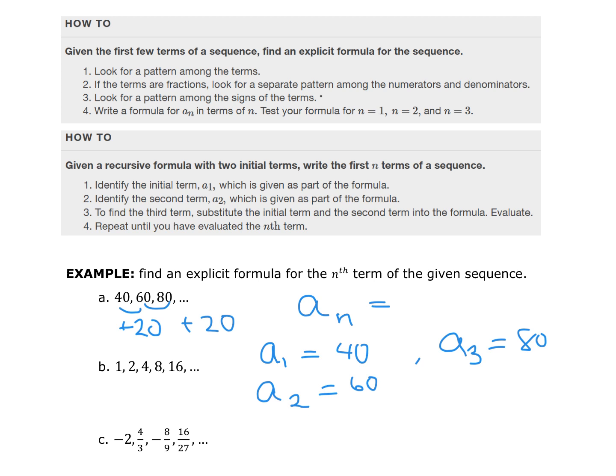So I think what I've got is 20 plus 20 multiplied by n. Now let's check. If I put in 1, does 40 come out? Yeah, I've got 20 plus 20, which is 40. If I put in 2, does 60 come out? I have 20 plus 20 times 2, which is 40 plus 20 more is 60. Yeah, that seems to work out. So this is my explicit formula for the first one.